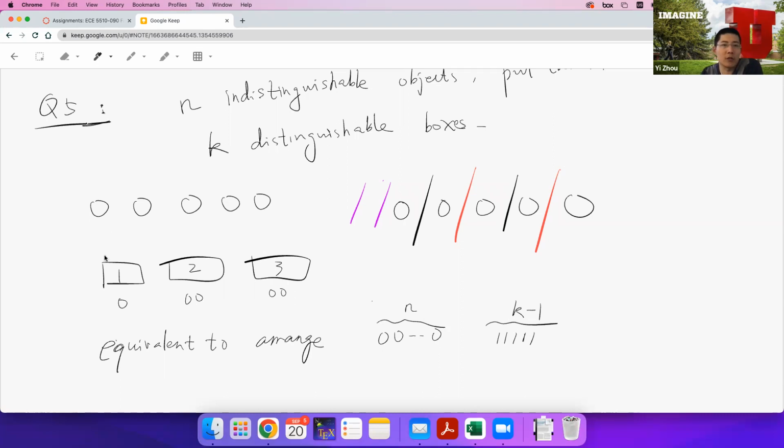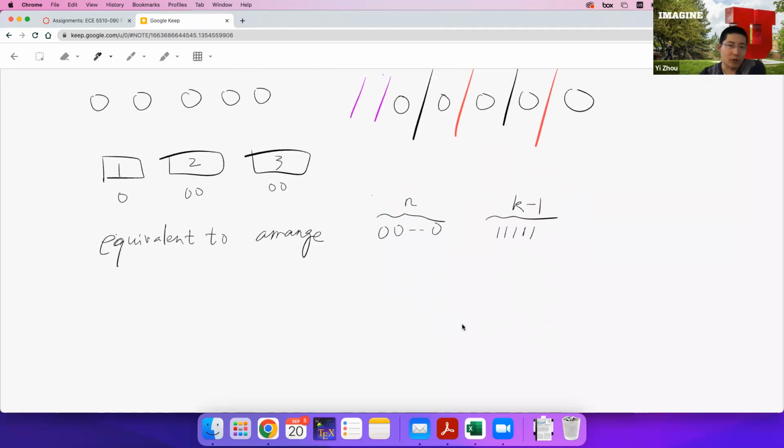Right? Because in order to create k different chunks, I just need k minus 1 separators. For example, here, 2 separators will divide everything into 3 chunks. So I just need k minus 1 separators.